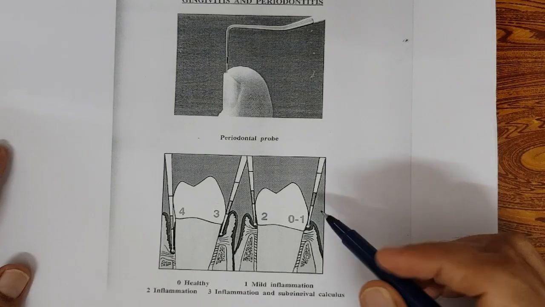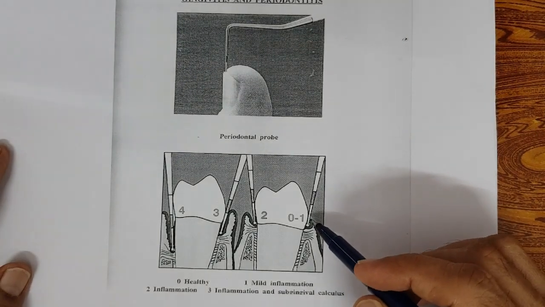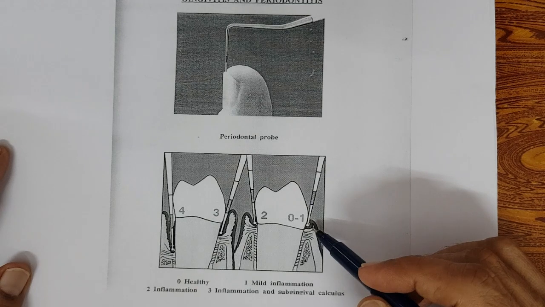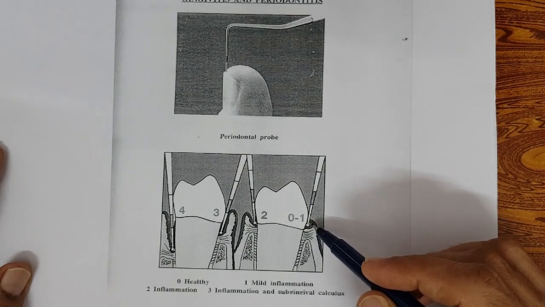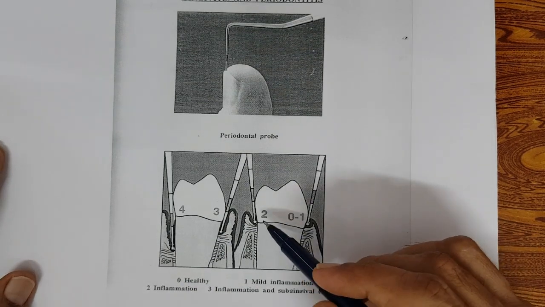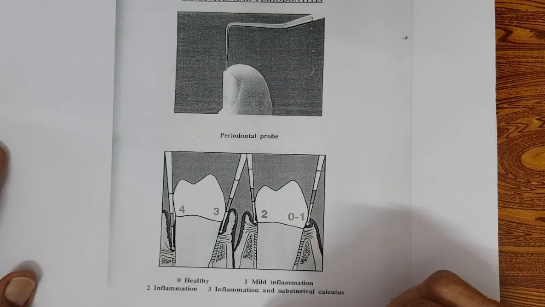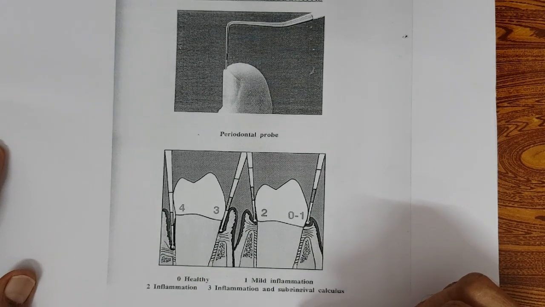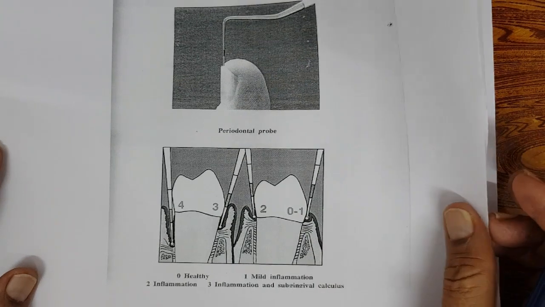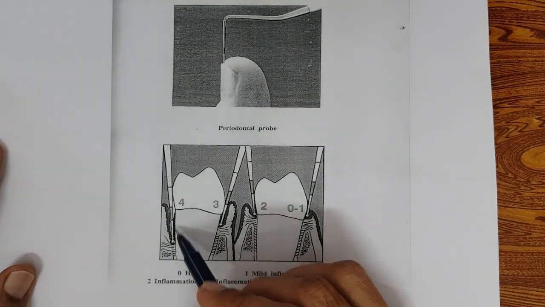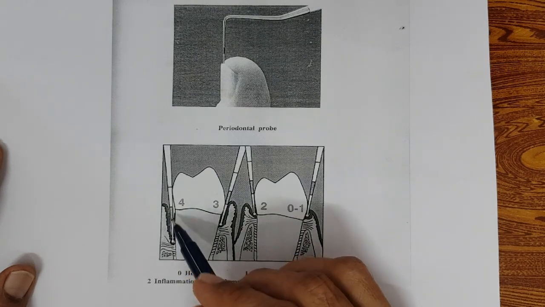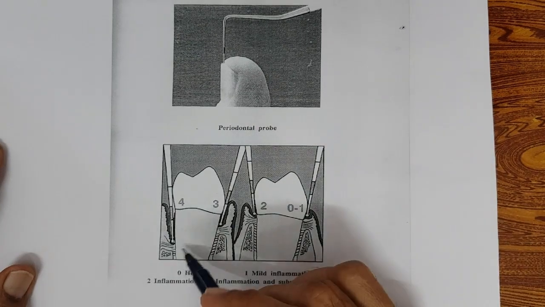So this is some of the gum or gingiva inflammations. 0 to 1, very little gap. 2, inflammation has started. 3, inflammation. 4 is the severe inflammation that can lead to even sensitive teeth and the teeth falling.